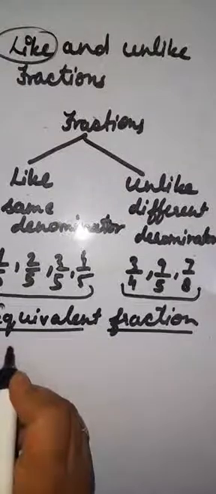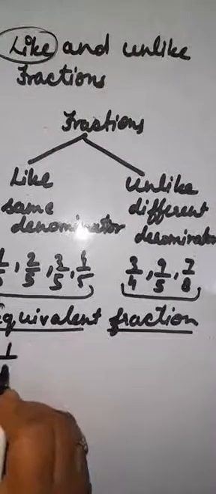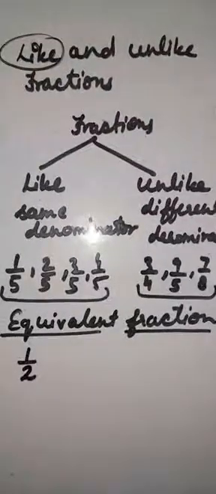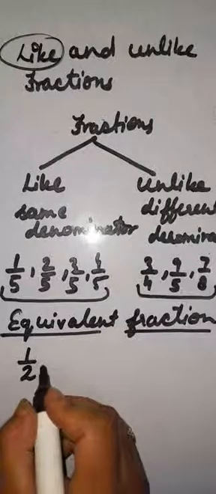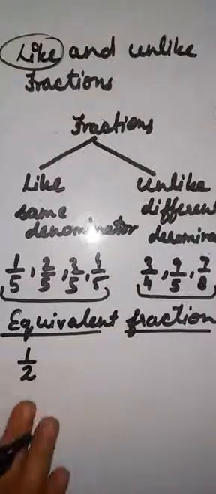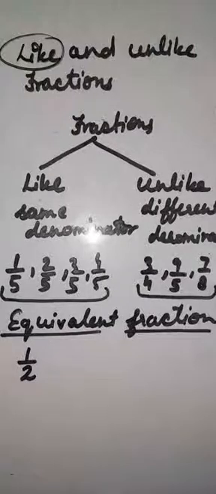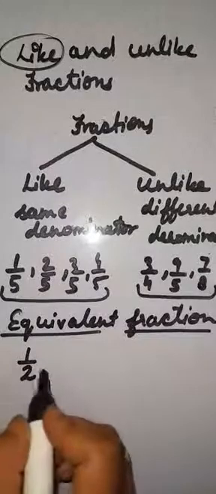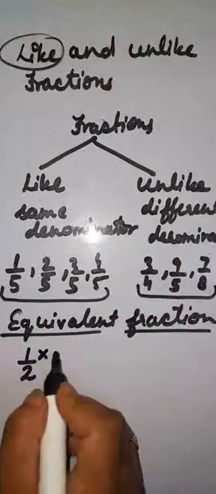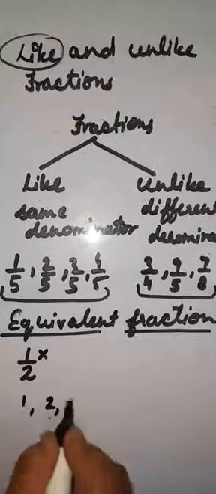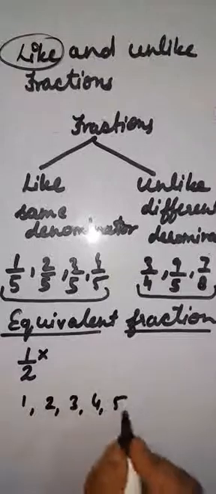Like we have a number here, 1 out of 2, and I have to find out its equivalent fractions. We can find lots of equivalent fractions, but I have to find its 5 equivalent fractions. So what do I need to write here? I'll multiply the given number by the counting numbers, and the counting numbers I know are 1, 2, 3, 4, 5, and so on.